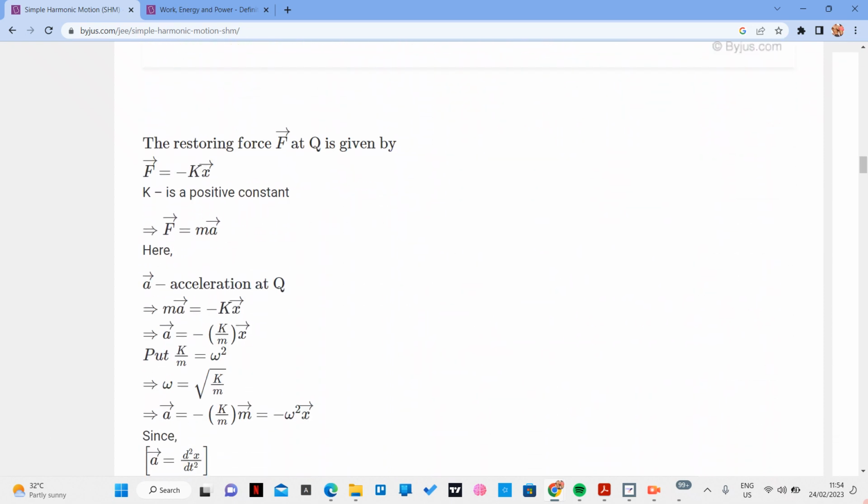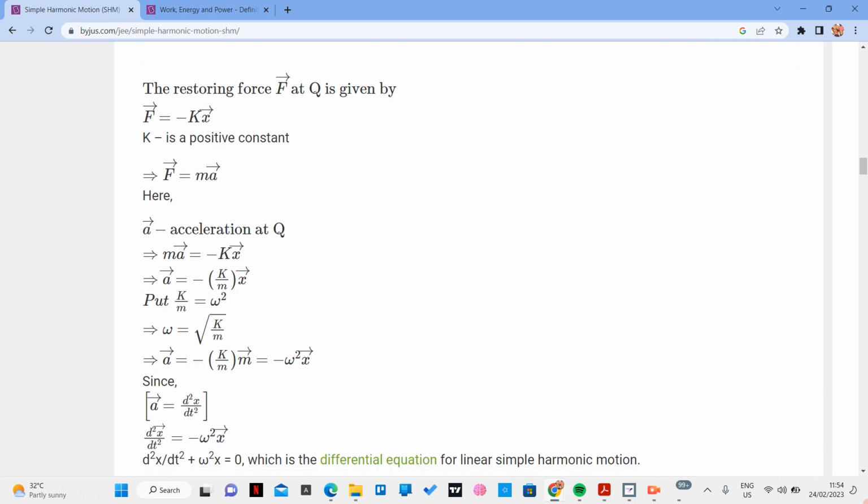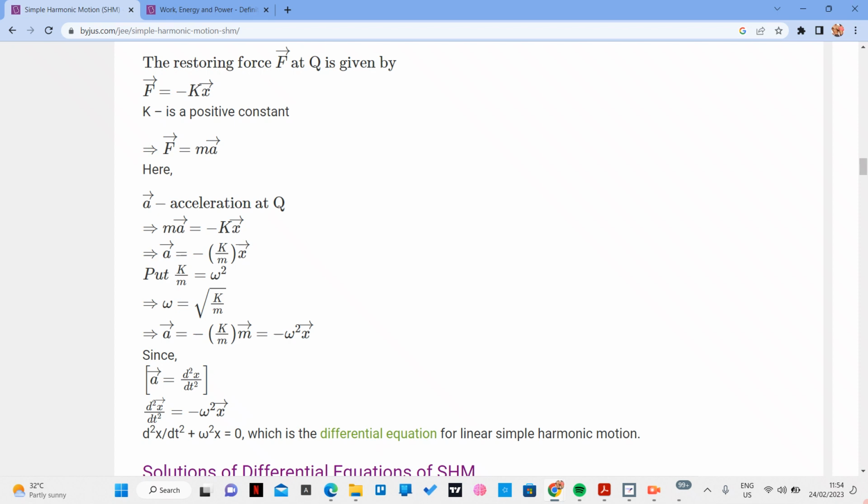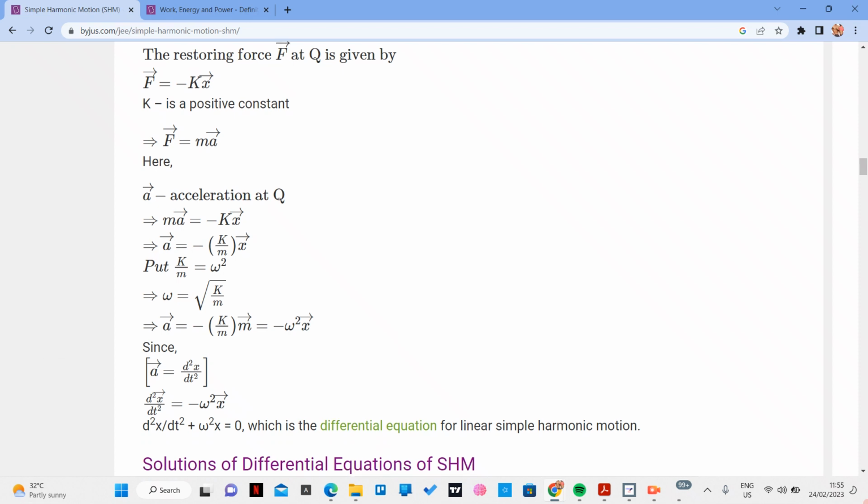Okay, so this is where they got their k. Now this k over m, what is this thing called? It's omega nought. So they were basically just playing with the formulas here.